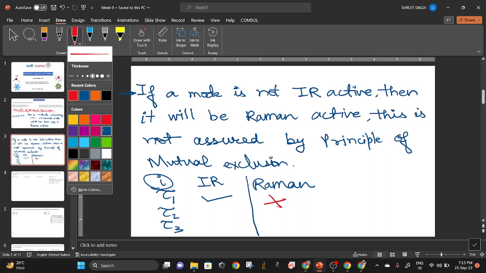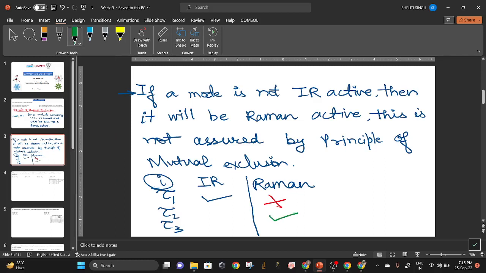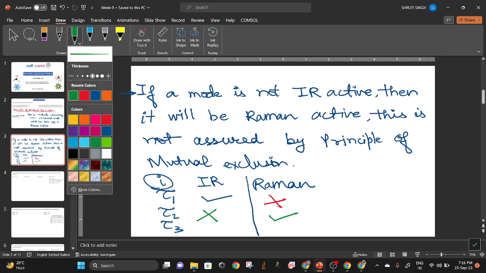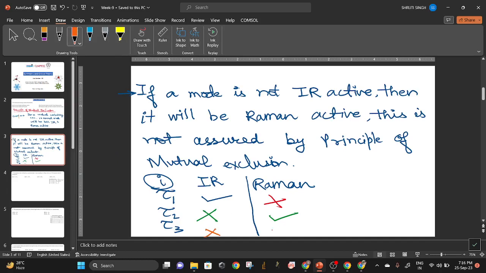In the next case, if the mode is active in Raman, we can be assured that it will not be active in IR. We can rule this out. But there can be modes which are neither active in IR nor Raman, this also cross. If this is cross, then we cannot know whether the other is active or not. It can be active, or it cannot be.